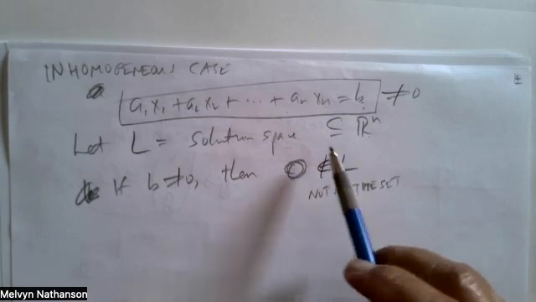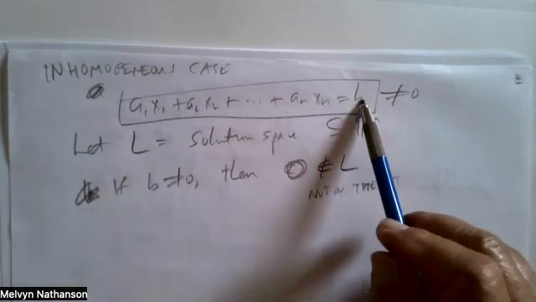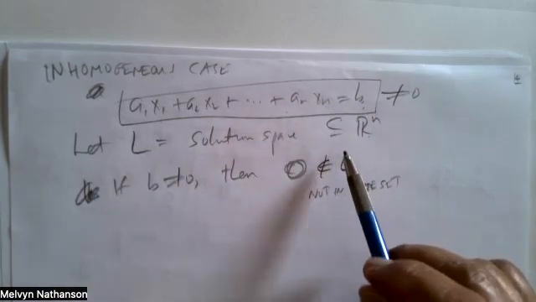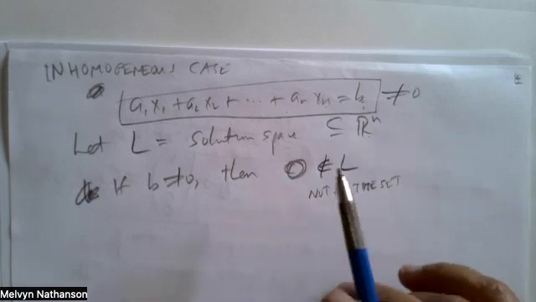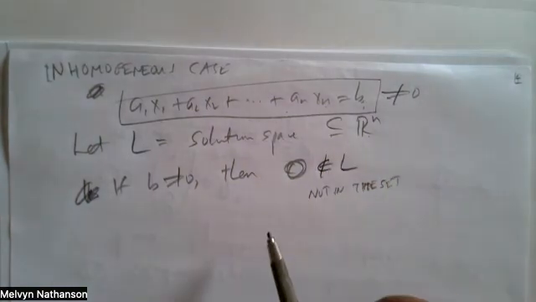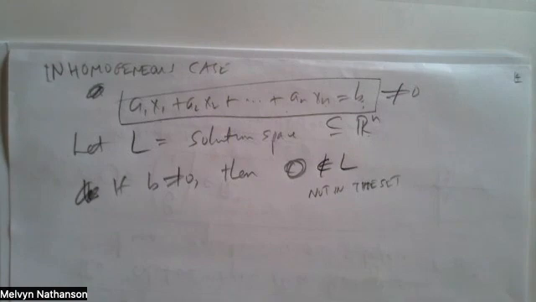So if b is different from zero, the solution space of the inhomogeneous equation does not contain zero. So it's not a subspace. Couldn't possibly be a subspace. On the other hand, it turns out it's very close to a subspace, and that's what I want to explain now.